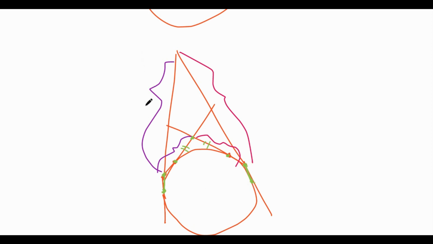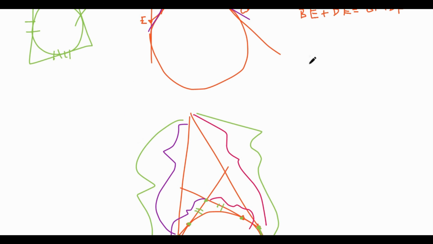So now what we need to prove left is that this segment from the very top to the tangency point is equal to this segment from the very top to the tangency point, but this again is the same property, that the two tangents from a point to a circle are the same length. So in fact, everything on both sides cancels out, and we have our desired equality.